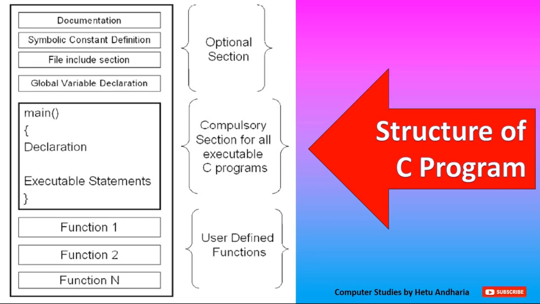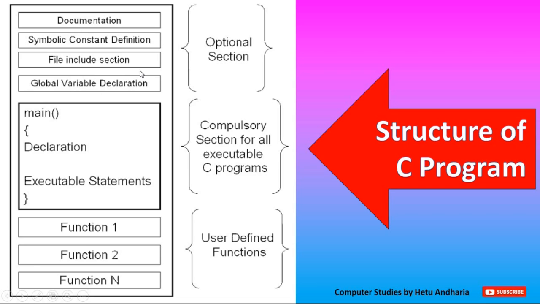So first topic is the structure of C program. The structure of the C program can be divided into three parts. The first part, as you can see here, is known as the optional section. It consists of four things: documentation, symbolic constant definition, file include section, and global variable declaration.